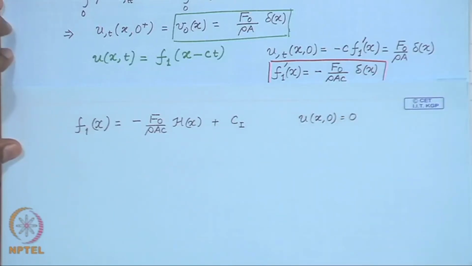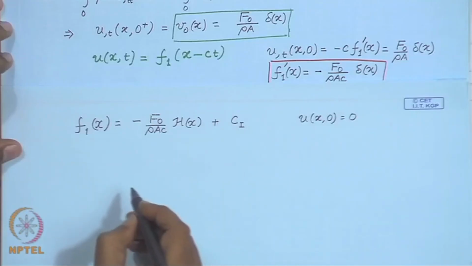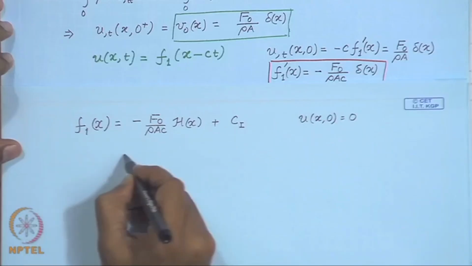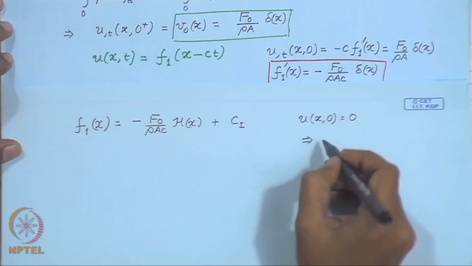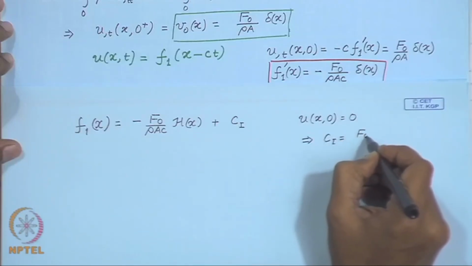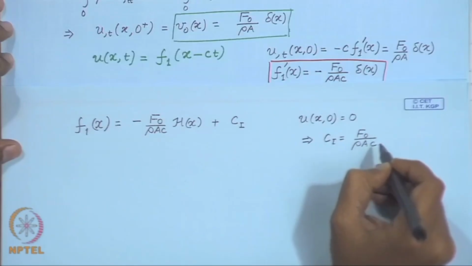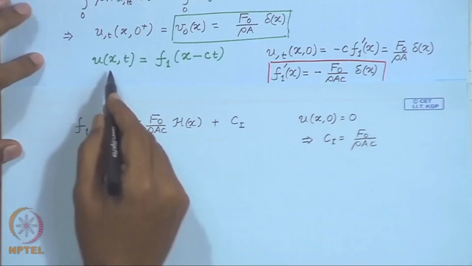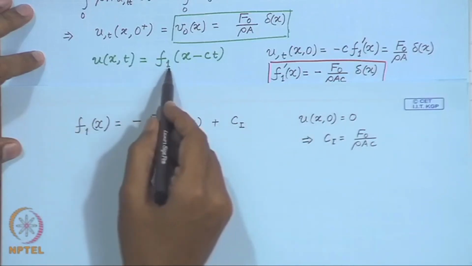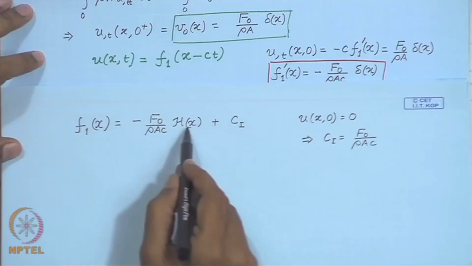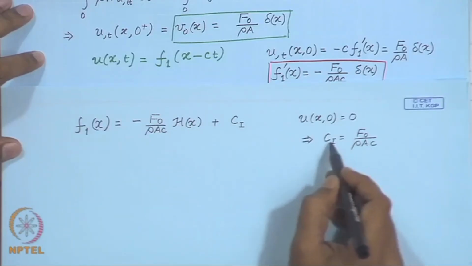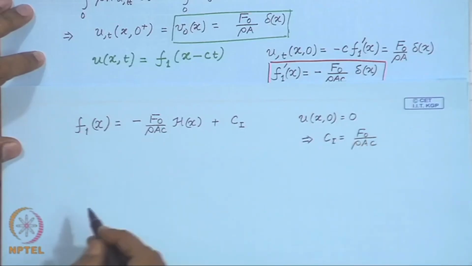If you use this condition, you can solve for this integration constant. You can easily see that u(x,0) is nothing but f1 of x, and that must be equal to 0. Now, the step function at 0 is 1, so the integration constant C1 becomes F naught by rho A c.